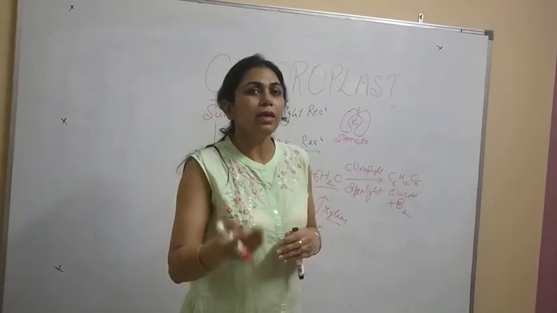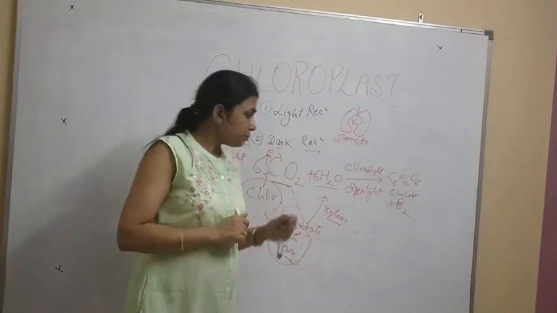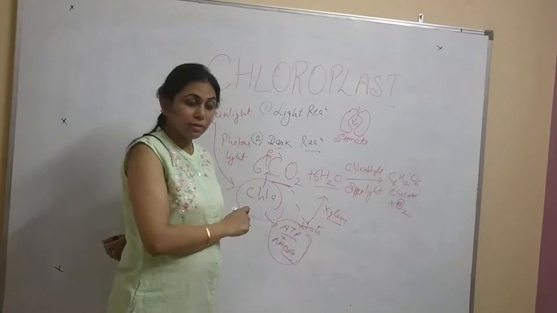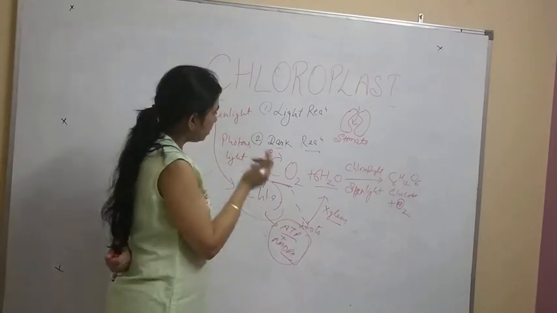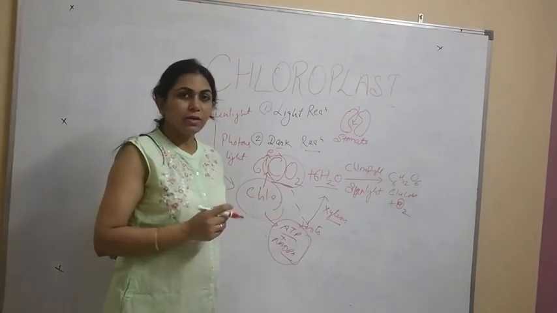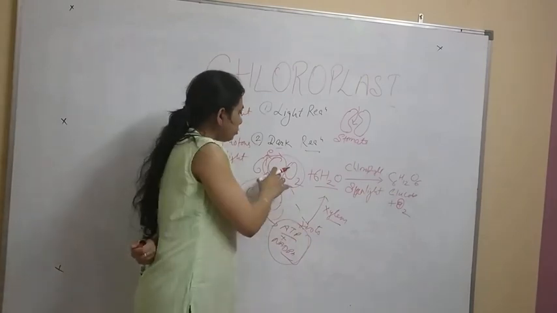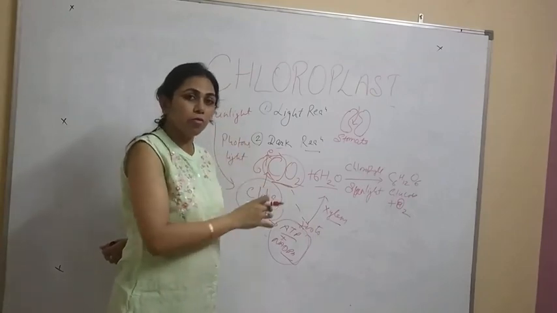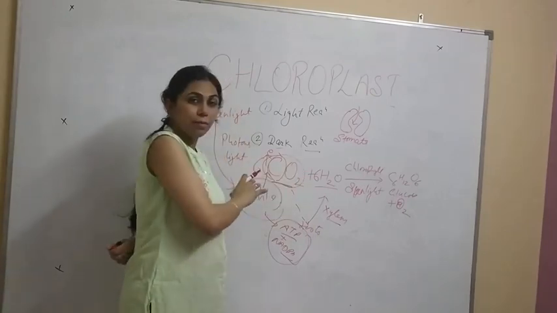And then this ATP and NADPH do the reduction of carbon dioxide. Reduction means we are adding hydrogen to this carbon dioxide. Reduction is when we add a proton or hydrogen to any compound.